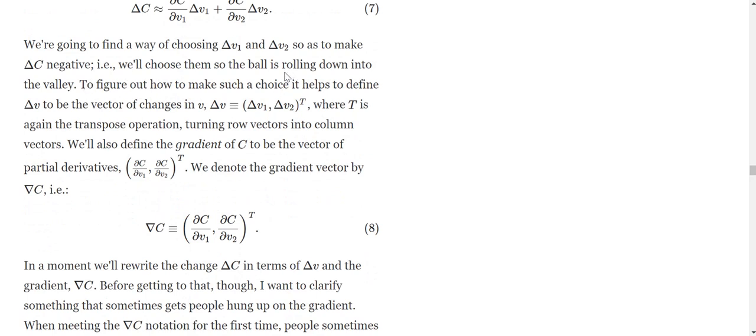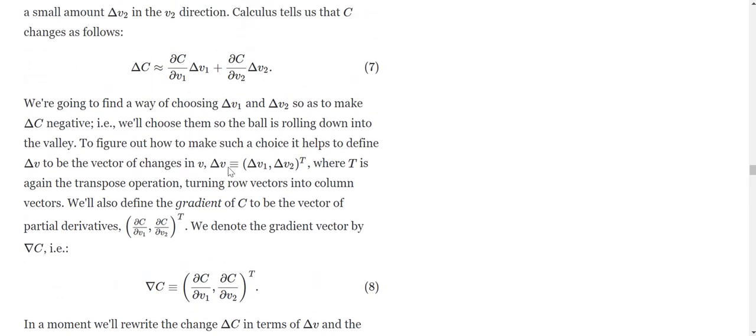So to figure out how to make such a choice, it helps to define delta V to be the vector of changes in V. So you've made a new vector delta V, which has the entries delta V1 and delta V2. The transpose is being taken, I guess, because otherwise the formatting would be too awkward, turning row vectors into column vectors.